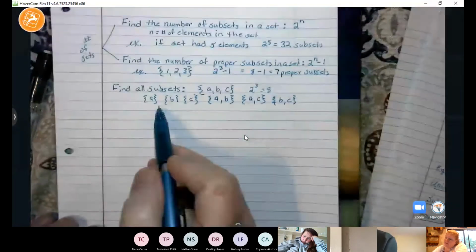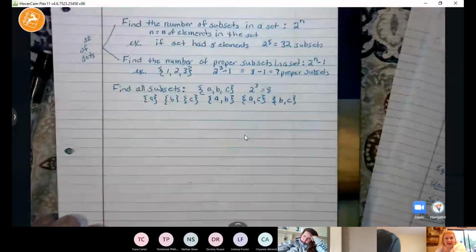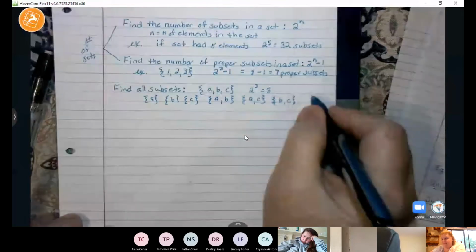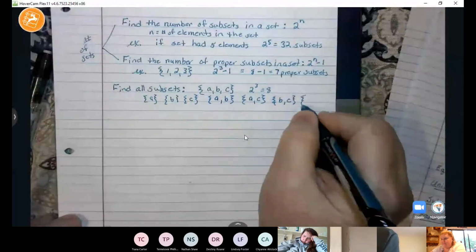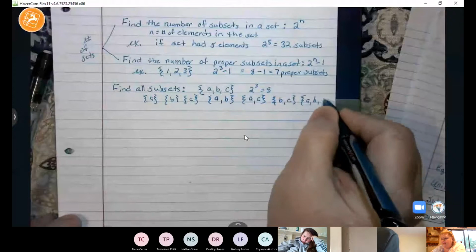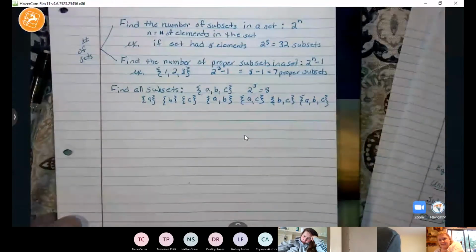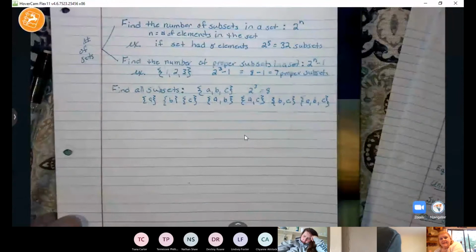Well, that gives me 6 of the 8. What else is left? Well, the set itself is a subset. Well, that's only 7 sets. So what is the 8th subset?